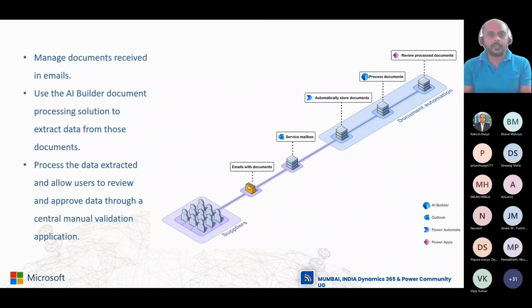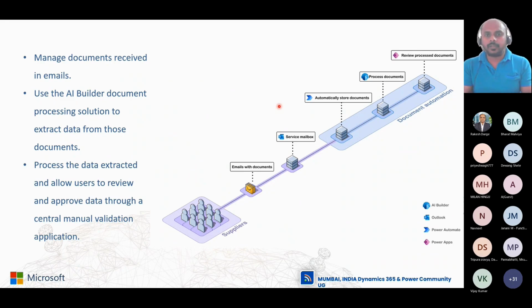Majorly it covers three parts. The first part is this one. You are receiving emails, so managing documents received in email, where you are configuring your Power Automate flow to connect to your Outlook.